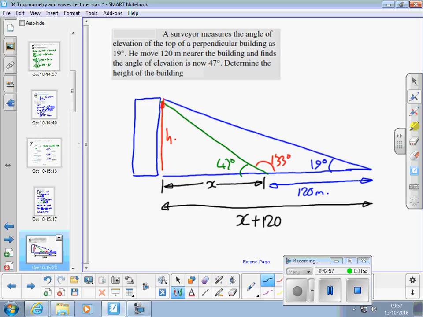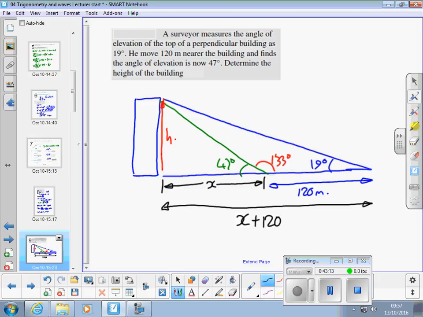So, we've got an angle here, we want to find that, and we've got an expression for that side.